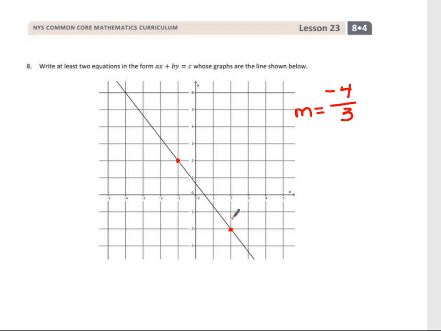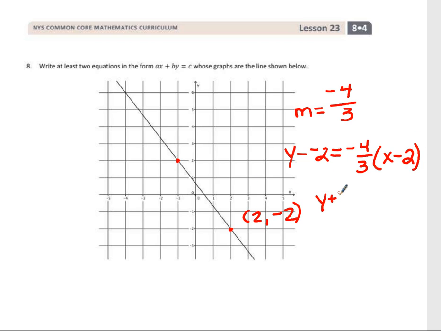Pick an ordered pair, which we're going to use 2, negative 2. And we can go ahead and do y minus negative 2 equals negative 4/3 times x minus 2. So we now have y plus 2 equals negative 4/3 x plus 8/3.